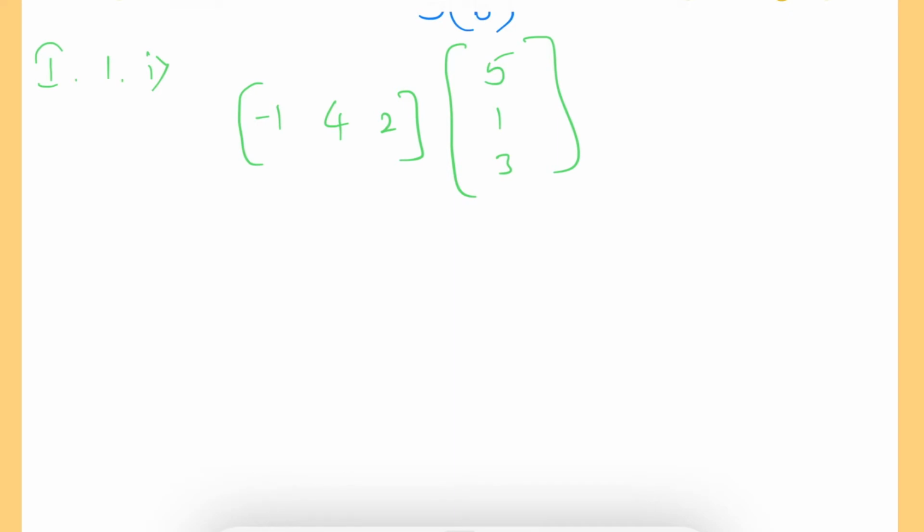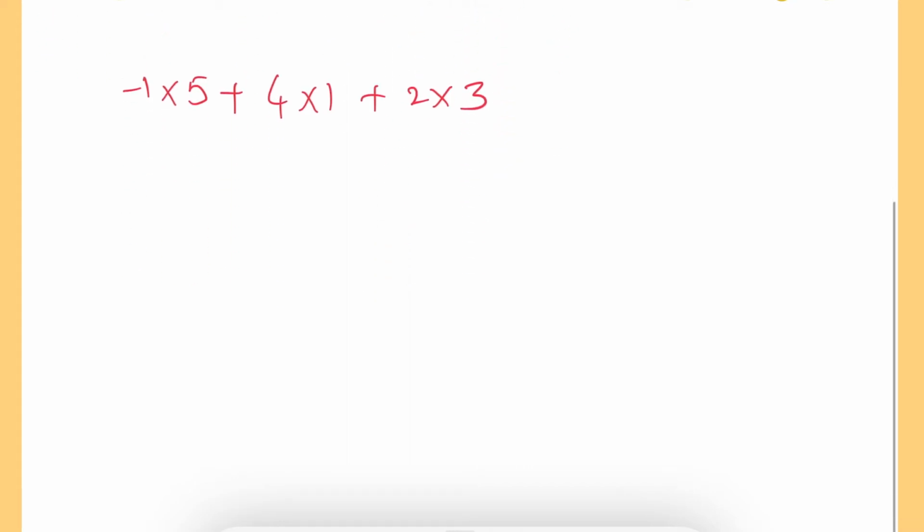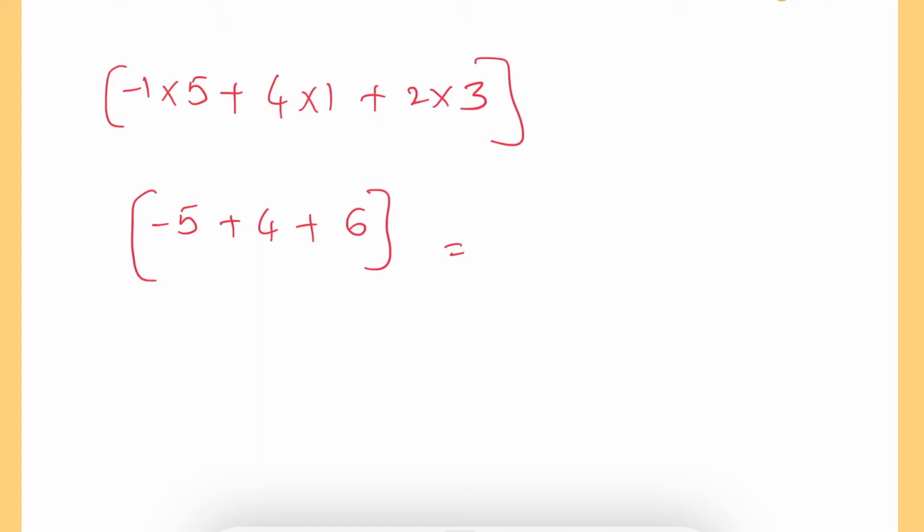Simply multiply corresponding elements and add those. -1 into 5, plus, now move to the second elements, 4 into 1, plus, move to the third elements, 2 into 3. -1 into 5, -5, plus 4 ones are 4, plus 2 3s are 6, which is equal to 6 plus 4, 10, 10 minus 5, 5. So the answer is 5.